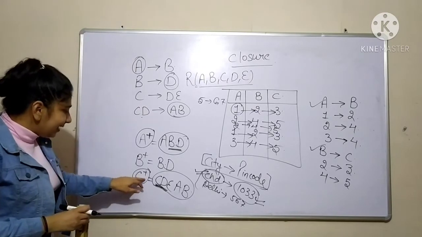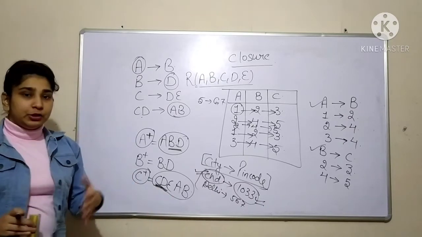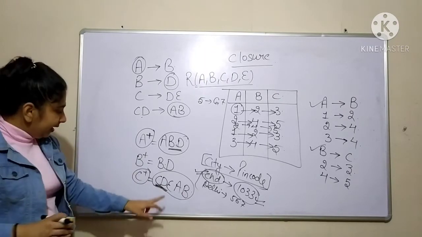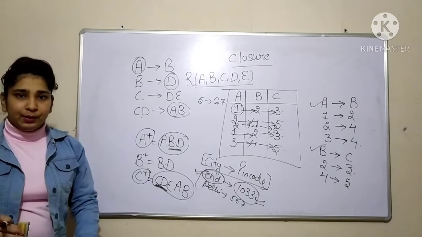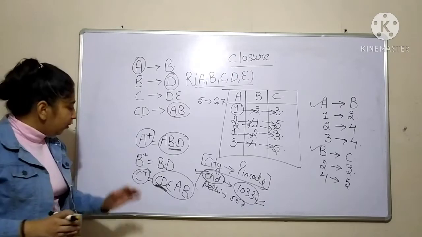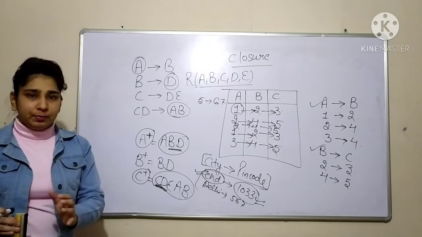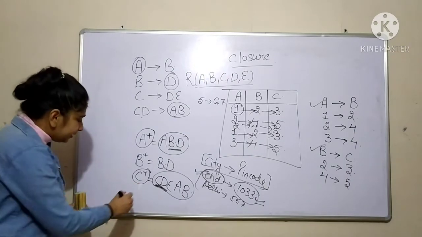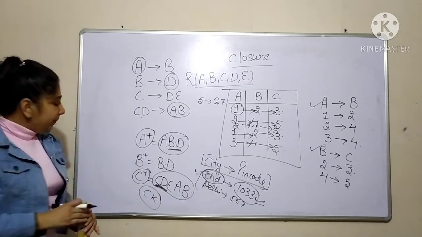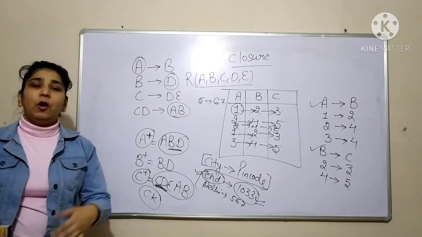If you look at attribute C, with its help you are able to determine all the other remaining 4 attributes: A, B, D and E. If I give you any value of C, you will get the definite answer of A, B, D and E, one single value for all the attributes. So you can say that C is the candidate key of this relation, because with the help of it, we are able to uniquely determine the value of all the other attributes.